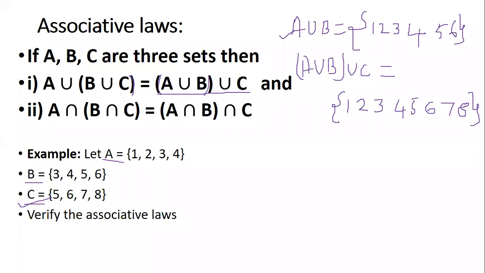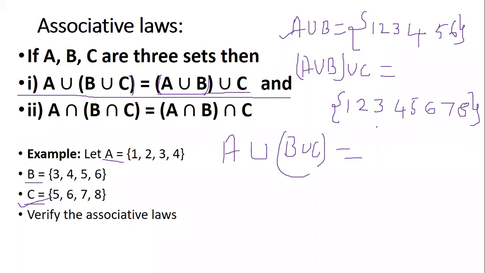Fine. So this completes our first law, the associative law, where A union B union C is equal to A union B union C. So if you remember, when we solved both, we still got the same answer. We still got 1, 2, 3, 4, 5, 6, 7, 8.